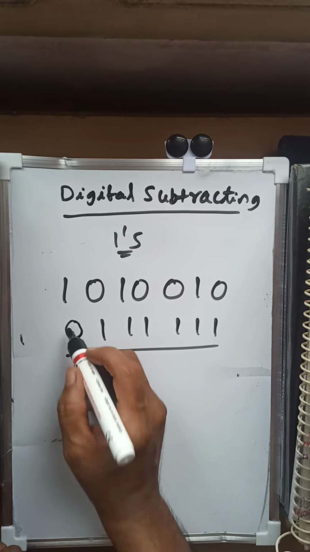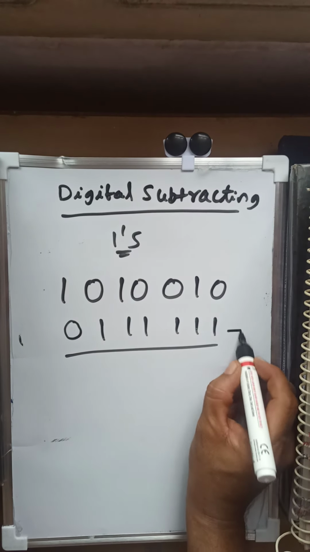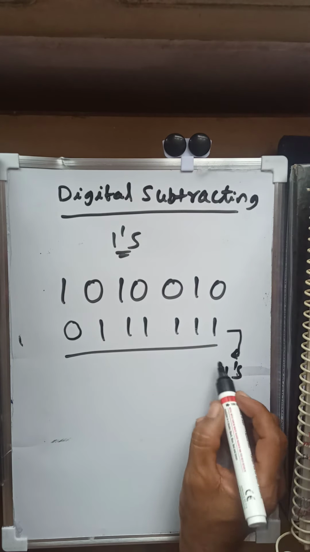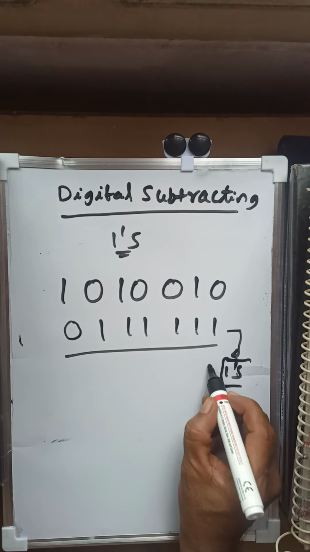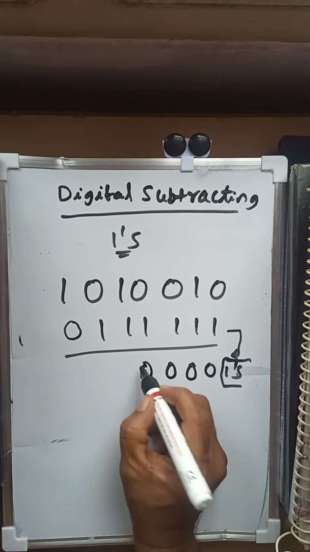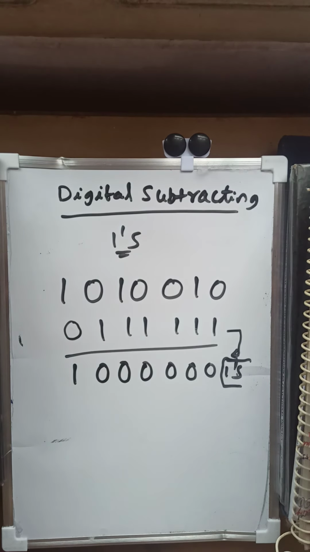Even though 0 is added, the value is not changed. That's why we can insert 0 and apply the 1's complement of this number. The 1's complement of 0 is 1, so this number becomes 1 1 0 1 1 1 0.